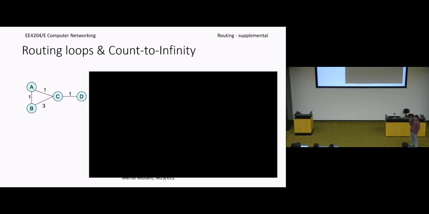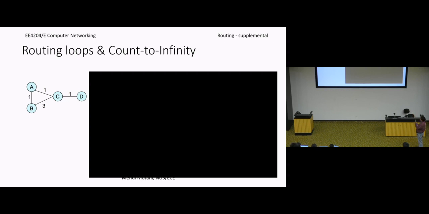Okay? And what will it do? It will try to use that route. Right? So now, since A has a shorter route to D, C will pick A. It's not going to mess with B because that neighbor has a longer route.